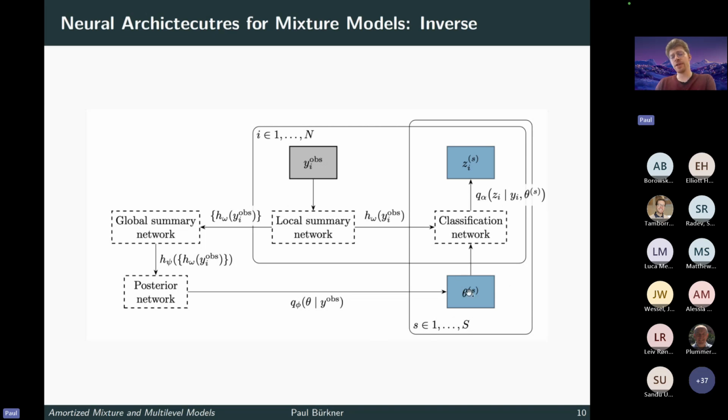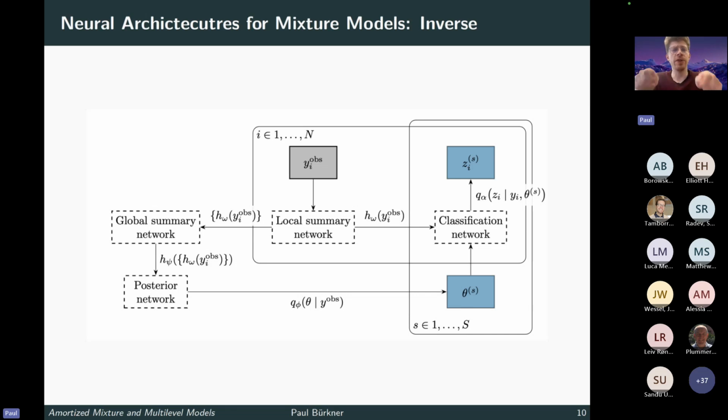And then based on these posterior samples of our hyperparameters theta and the local summary network's output for the ith observational unit, we're also getting posterior samples for the ith observational unit's mixture component. So we see how, both in the forward and the inverse model and training procedure, the networks play together in an efficient manner.